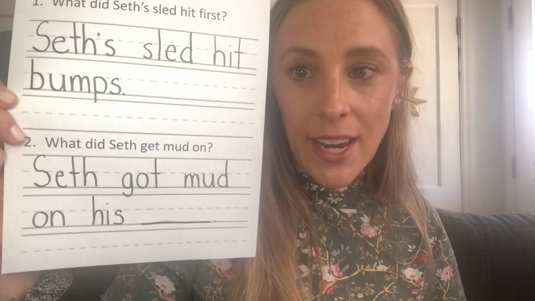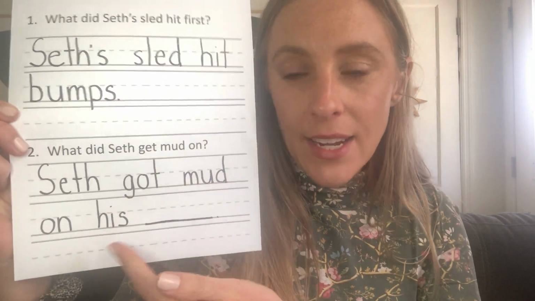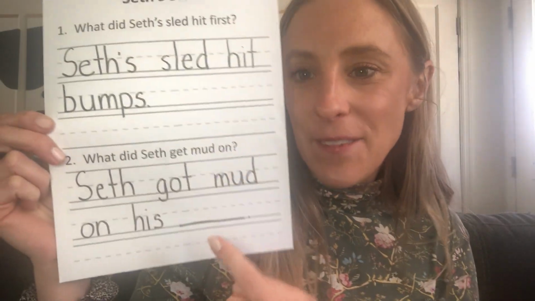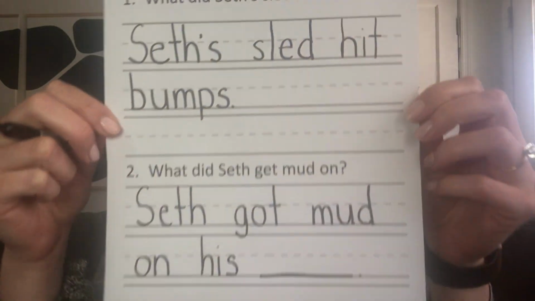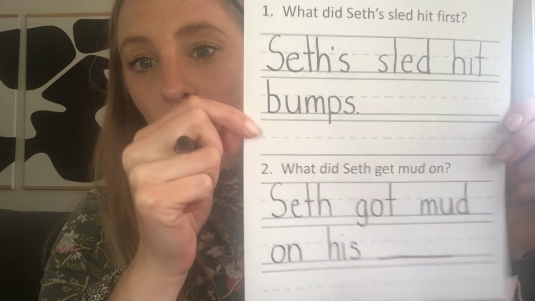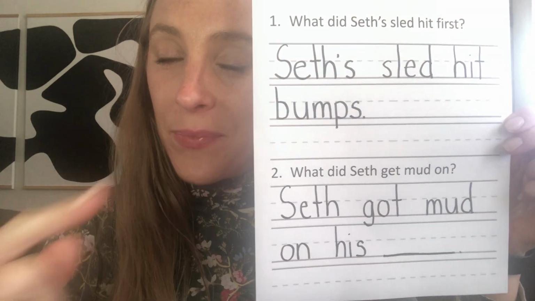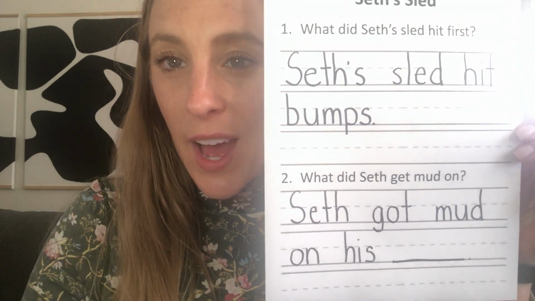We don't just want to make something up. All right, Seth got mud on his cat. No, that's not what the author said. Make sure you check out what the author says and fill in your answer. Here's your work today. If you need one last look at it, you can always pause this video and copy down whatever you didn't get.